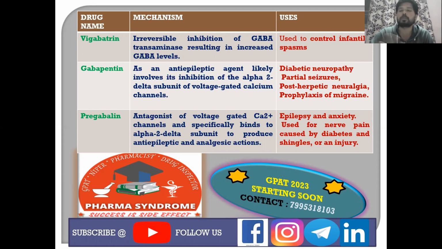If there is no calcium involvement in the presynaptic neuron, there is no release of neurotransmitters, especially excitatory neurotransmitters like aspartate and glutamate. If they are not released, excitatory neurotransmission reduces, inhibitory neurotransmission is relatively increased, and the symptoms of epilepsy are controlled.